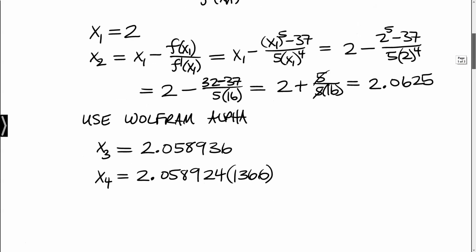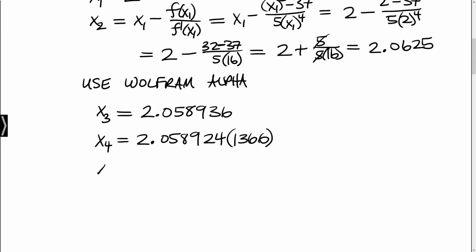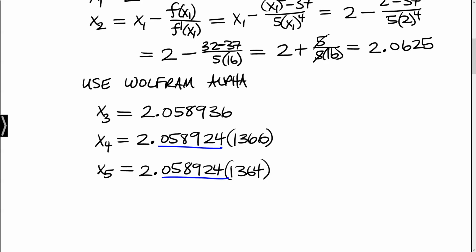And then we got to x5, 2.0589241364. Okay, so now the point is we agree in the 6 digits. So our final answer would be the 5th root of 37 is approximately equal to 2.058924.